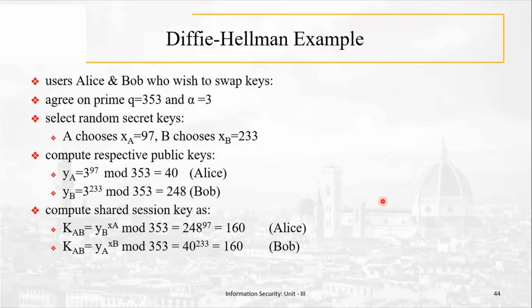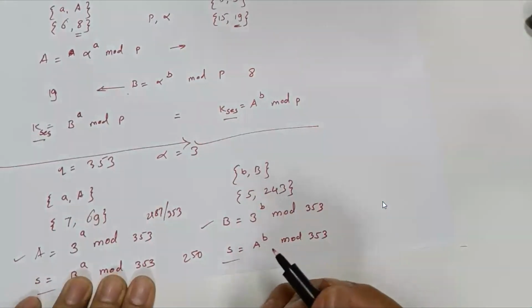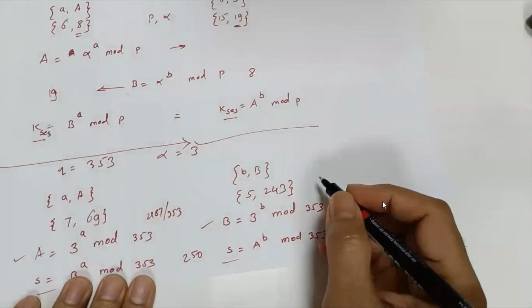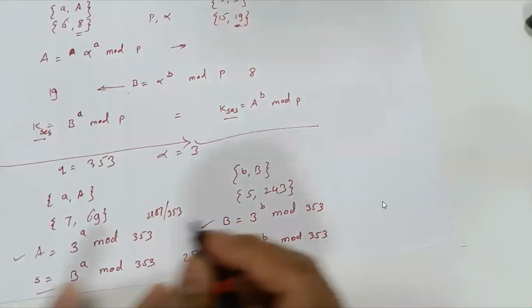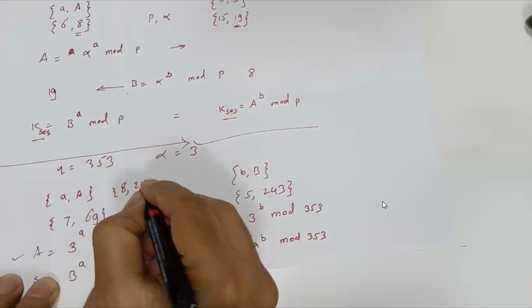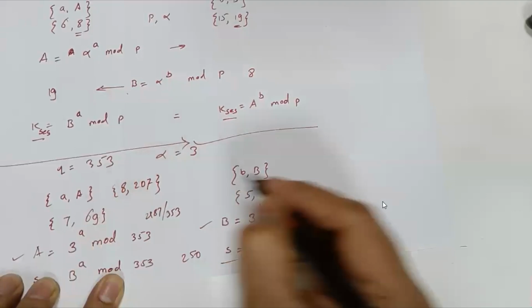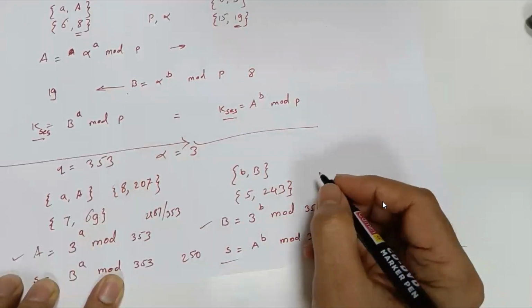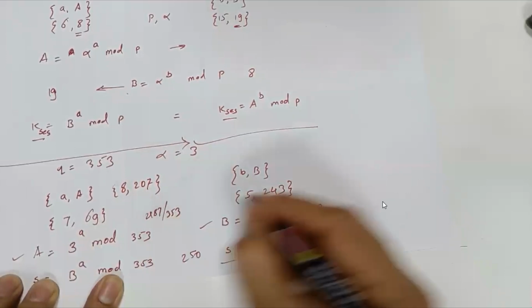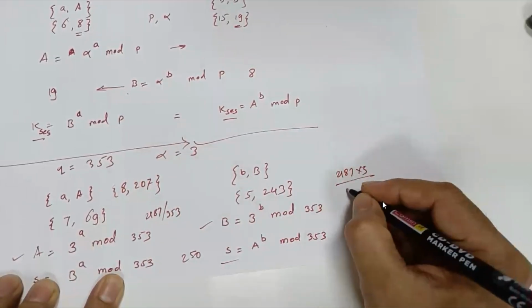If I'm assuming small a as 8, then I'm getting capital A as 207. I'm not sure whether that's right or wrong. Can someone please check? So 8 and 207. 2187 into 3 divided by 353.